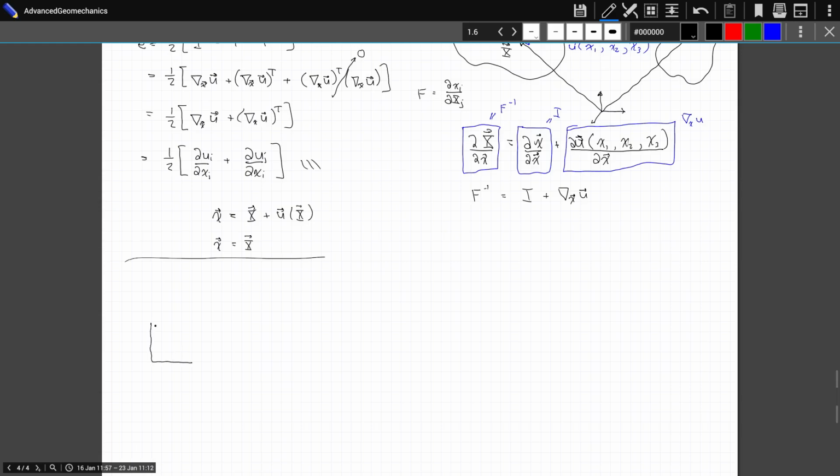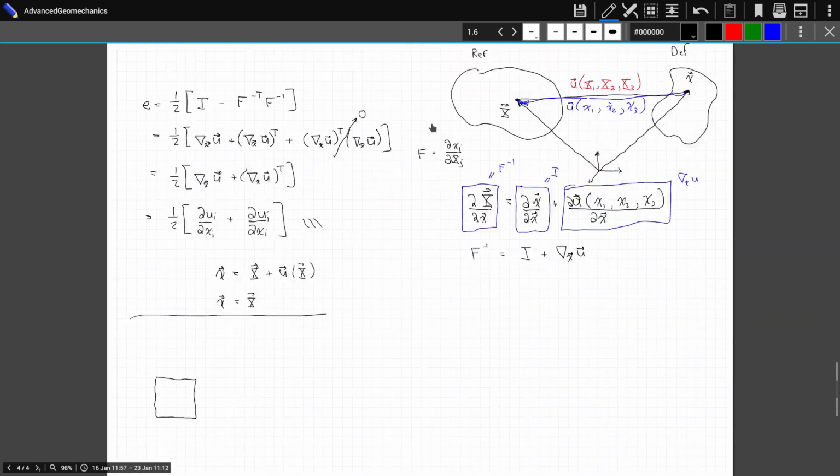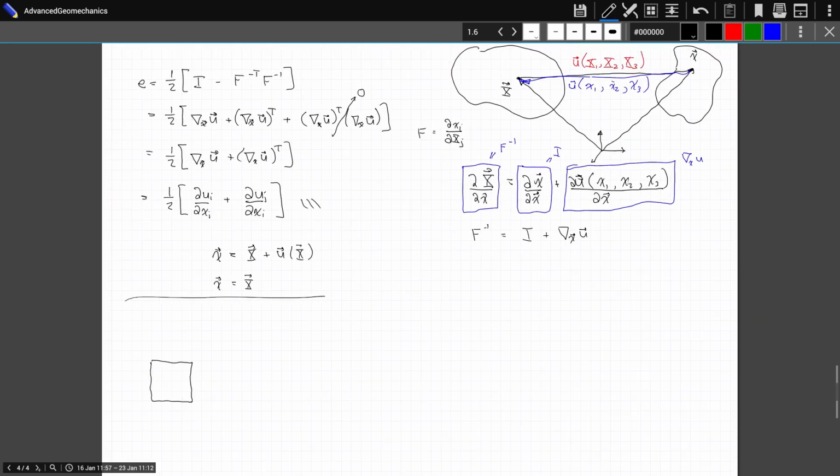All right, so let's start by having an undeformed cube. Having an undeformed cube, we'll call this length here dx1. This length here dx2.